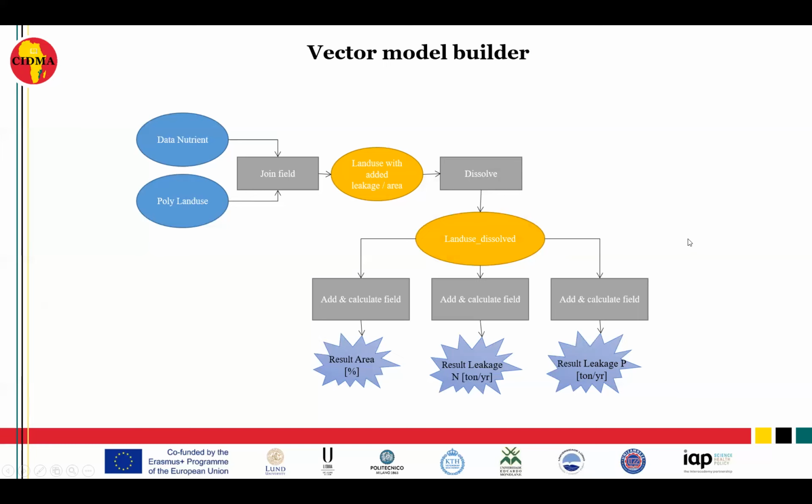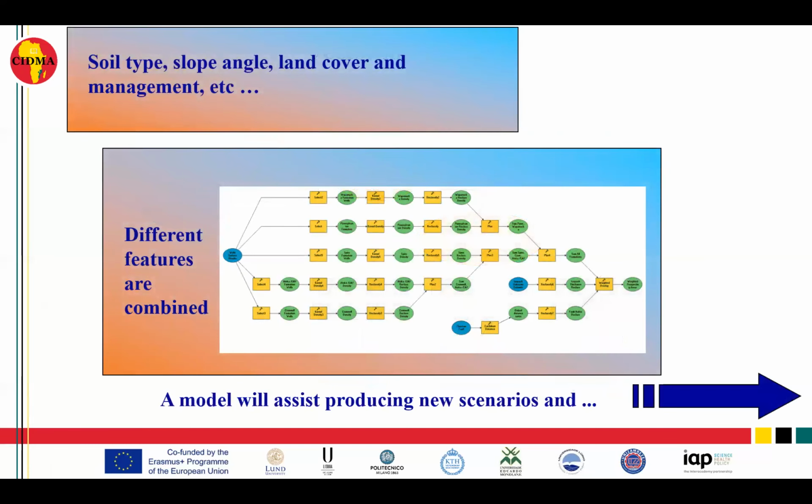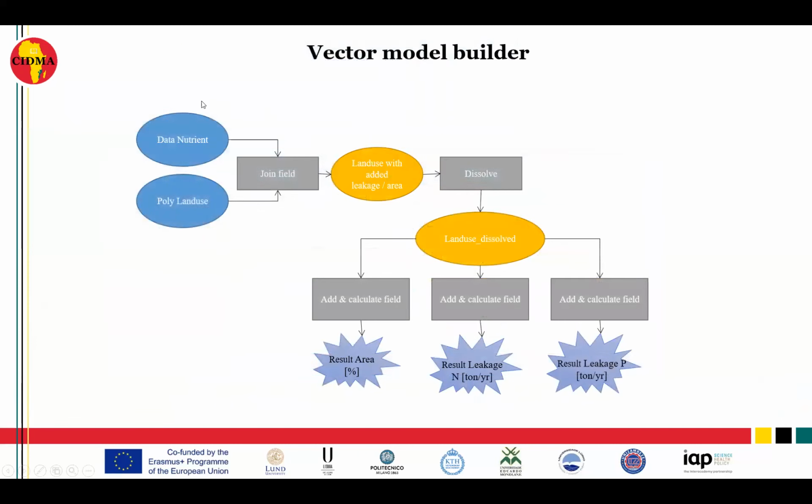So this is a way in GIS that you can build a model if you know which operations you need and which order they should be in. Then you have to have a pretty good understanding of how things work, and then you can just run the model, and that one is kept in the GIS program. What's good with that is that you can just go in and change something in it.